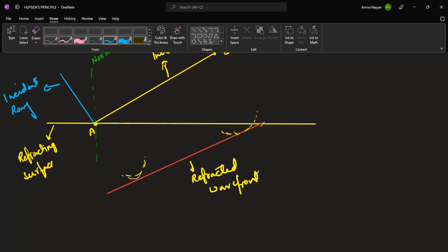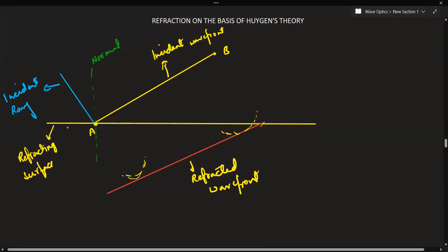If this is a rarer medium and this is the denser medium, and light is going from the rarer medium to the denser medium, should light rays bend towards the normal or away from the normal? Towards the normal. So this white line now represents the refracted ray, not the refracted wavefront. This is the refracted ray of light.